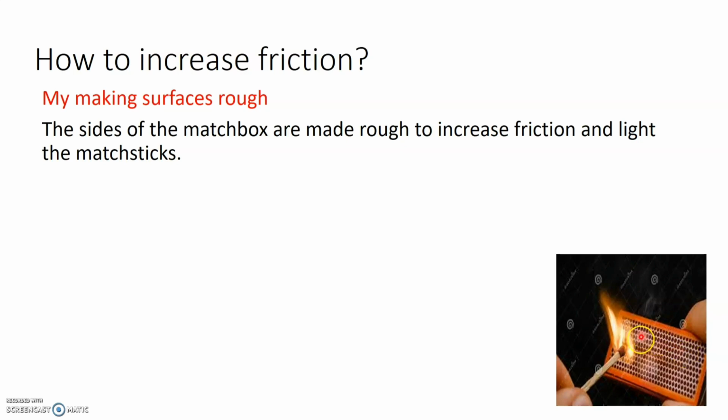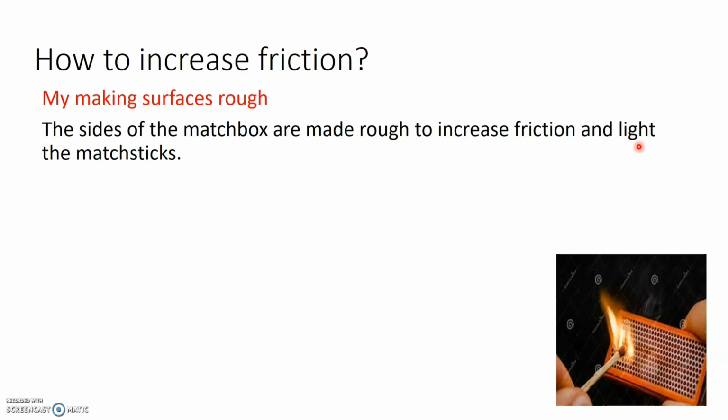Since the sides of the matchbox are rough and there is more friction, when we strike a matchstick against this rough surface, the matchstick lights up. When the matchstick is in contact with the rough surface of the matchbox, there is friction and it produces light.